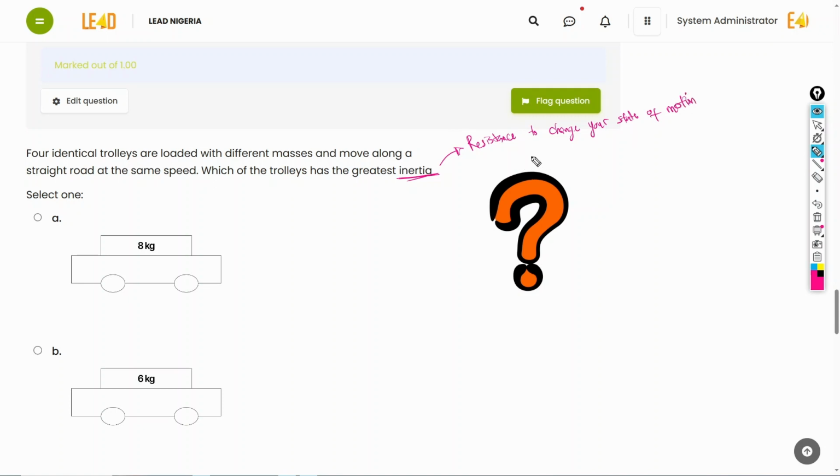It can just be said to be your stubbornness to application of force. So anything that you need to do a lot of before it budges has a high inertia, and you know that just by intuition. The heavier something is, the less likely it is to budge.